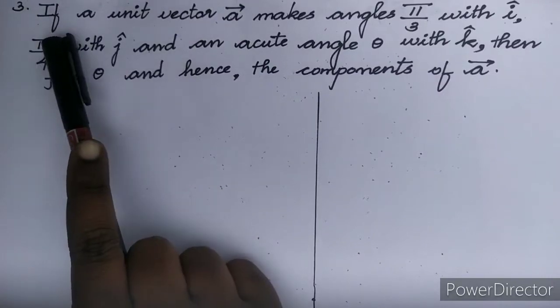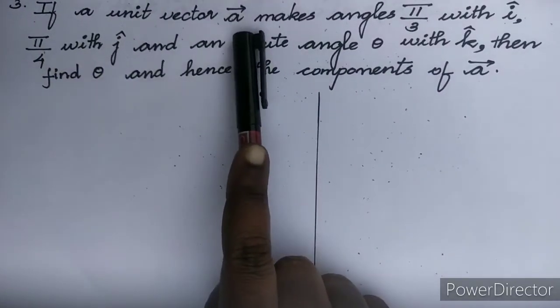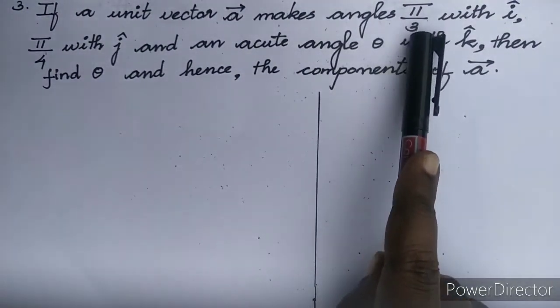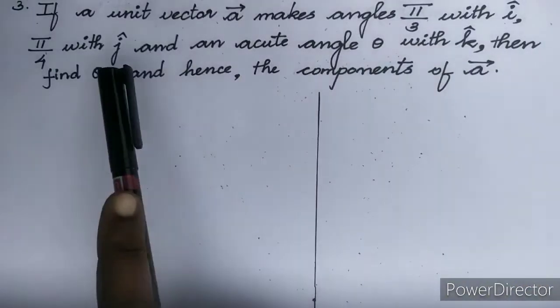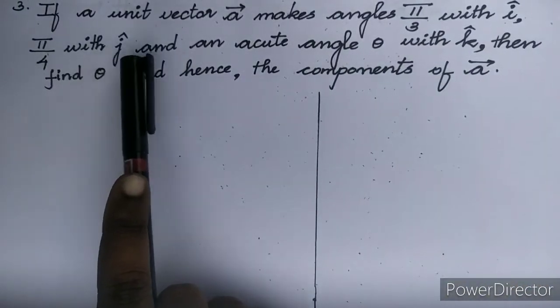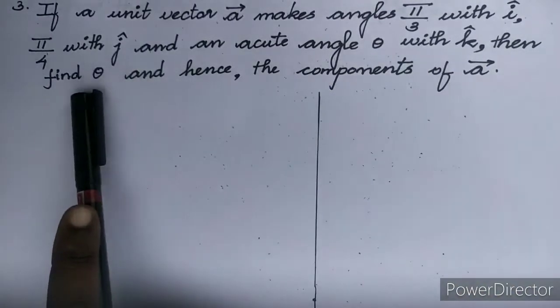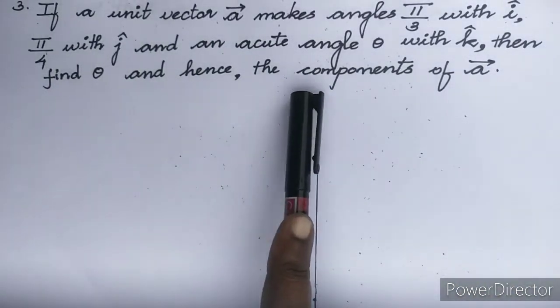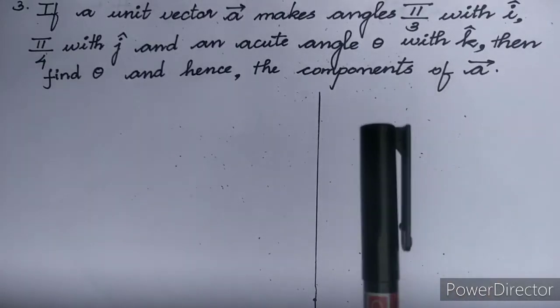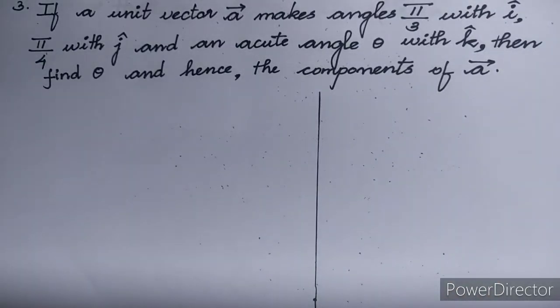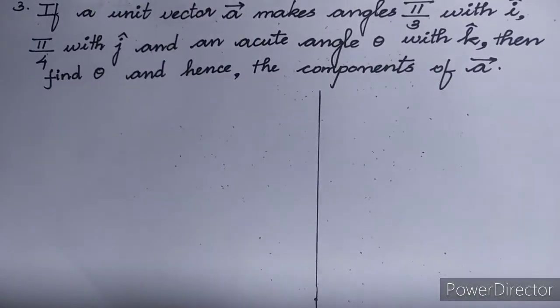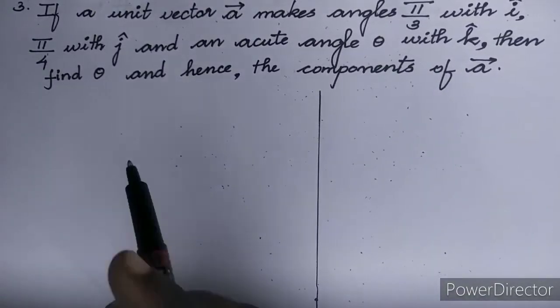Question number 3. If a unit vector a vector makes angles pi by 3 with I cap, pi by 4 with j cap and an acute angle theta with the k cap, then find theta and hence the components of a vector. For this we are going to assume a unit vector a vector with components a1, a2 and a3.